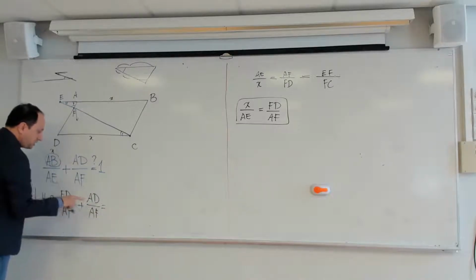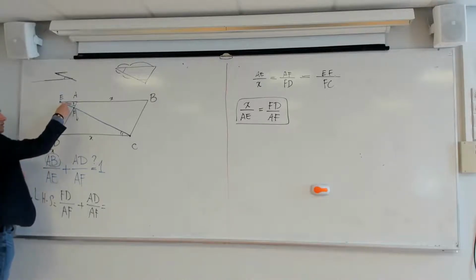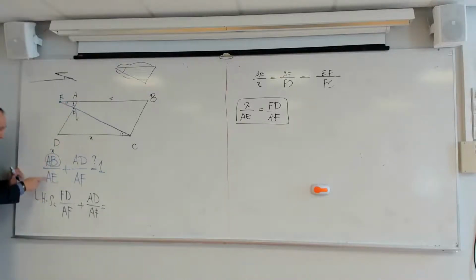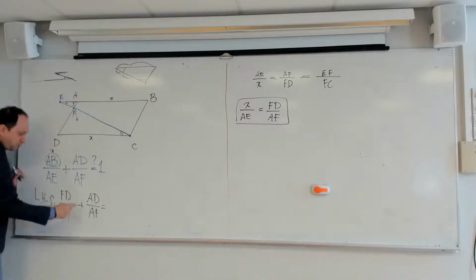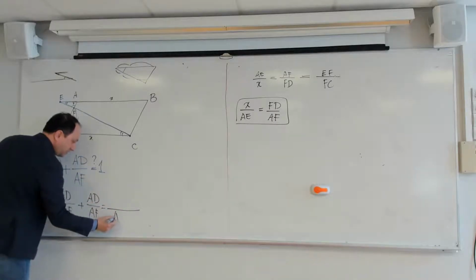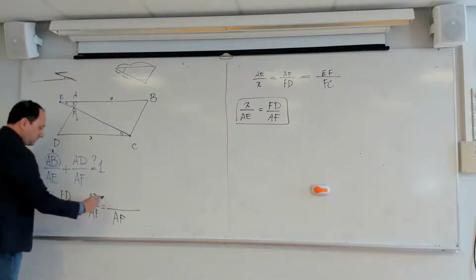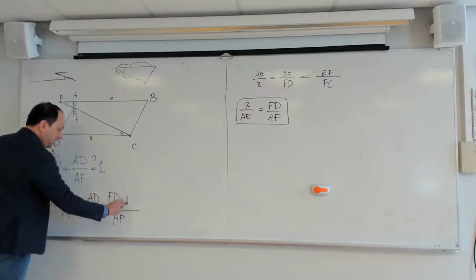But now this is much better than the previous situation, because there I had 2 fractions whose denominators were not the same. But by the method that Maximilian told us, this one can be written so that its denominator matches the denominator of this one. Then it becomes much simpler, because I can put just one denominator and add them. So it becomes FD plus AD.